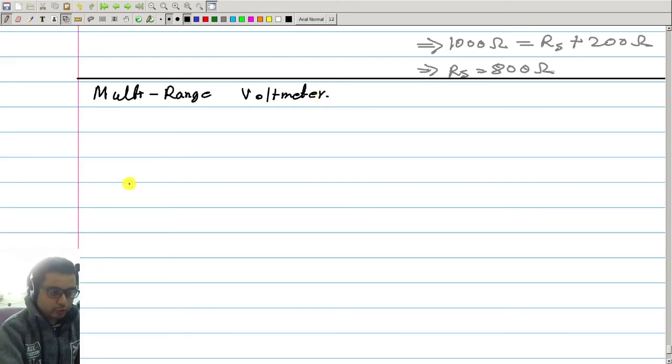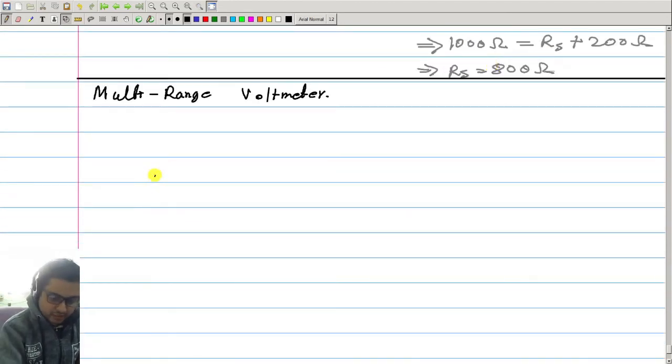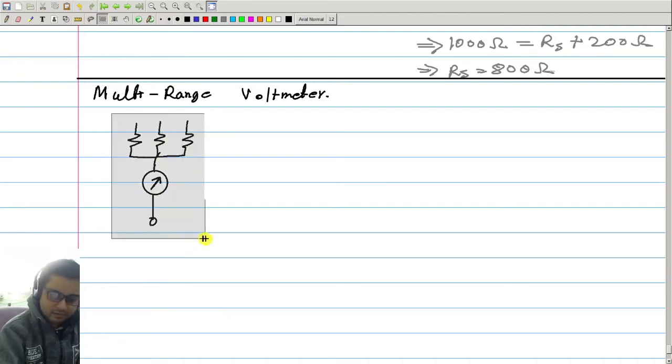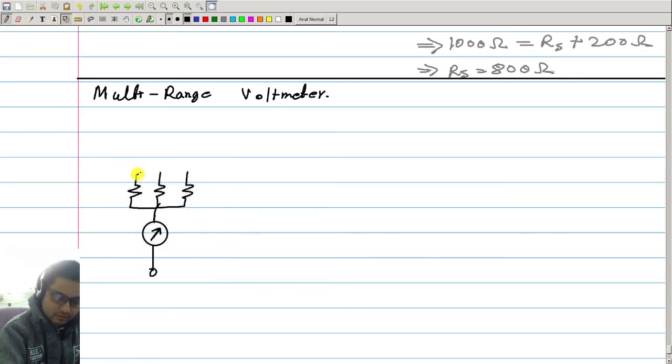Yes, of course, we will have to use a variable series resistance, and you can do it in many different ways you like. Let this be the meter, and then we can connect multiple resistances R1, R2, R3.